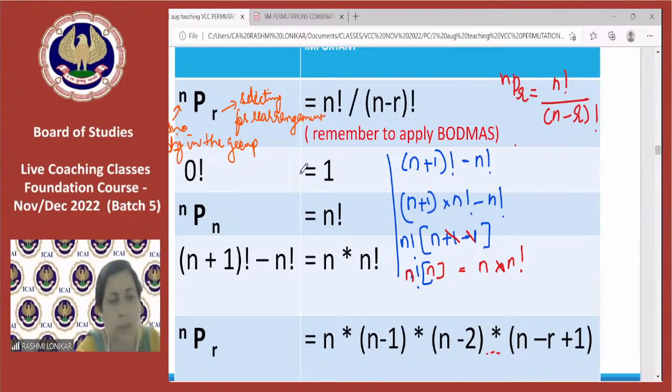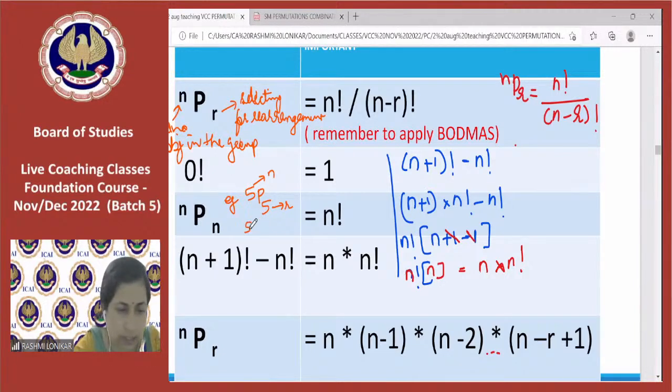Okay, so what does nPn say? For example, 5P5. 5 students, I take all the 5 students and make them stand for a photograph. Then in this case, this 5 is n and this 5 is r. What if out of 5 students, I ask only 3 students to come up and I make them stand for the photograph?